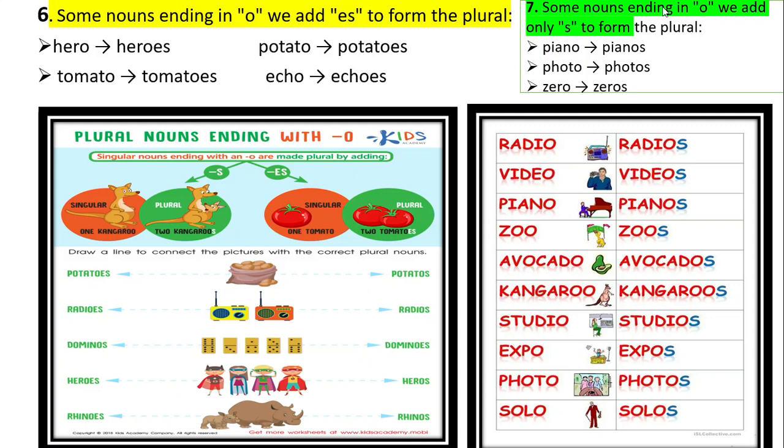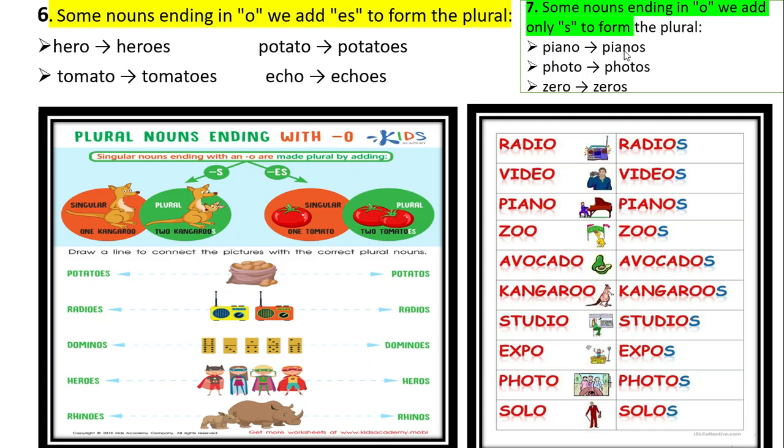For some nouns ending in o, we add only s to form the plural. There are some words where o is at the end, but we only add s to make them plural. What are those words?